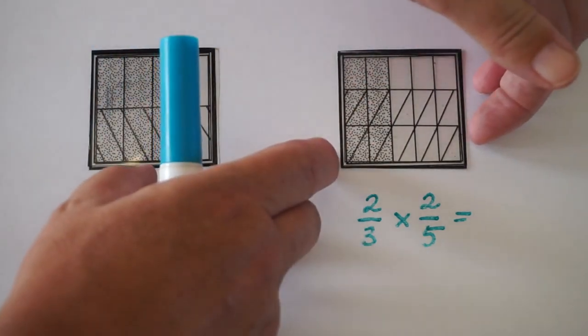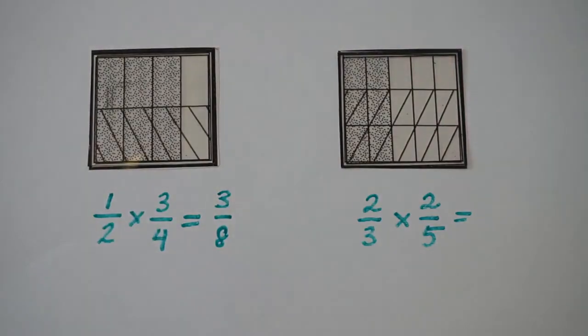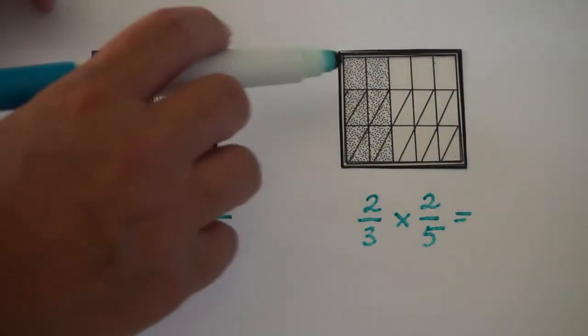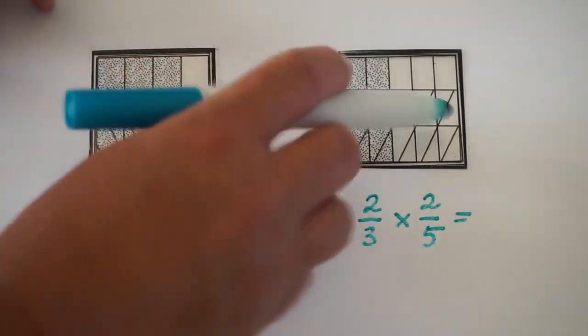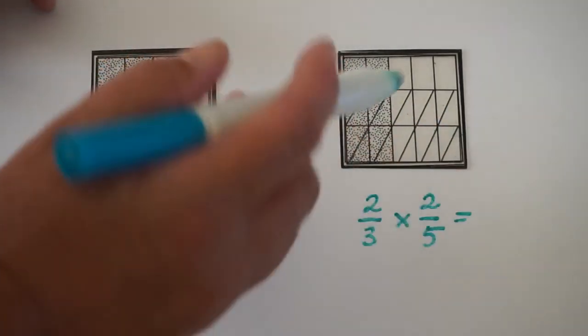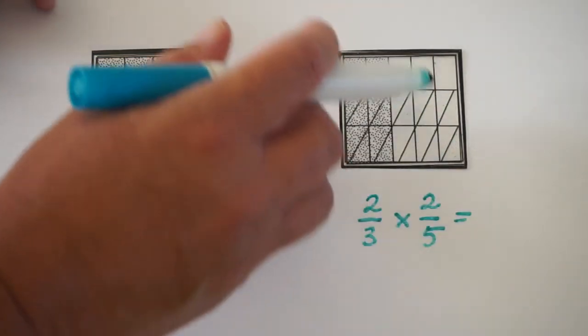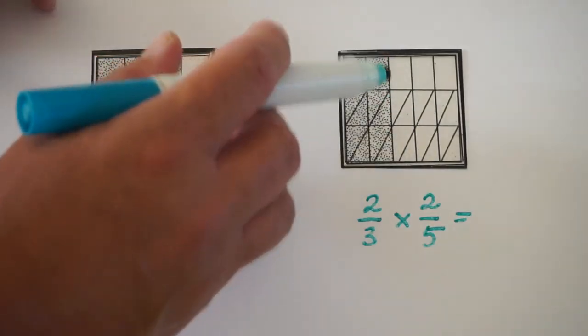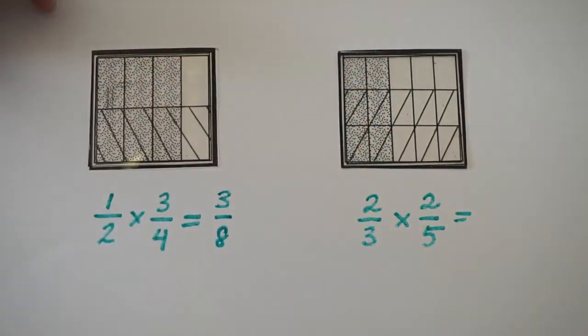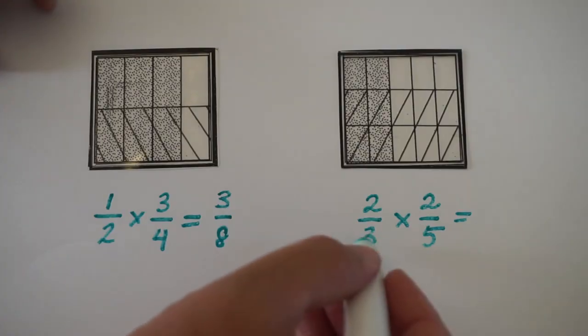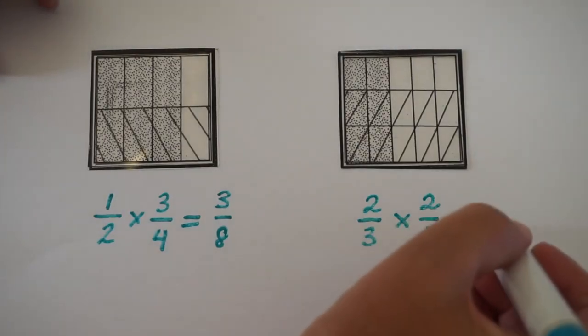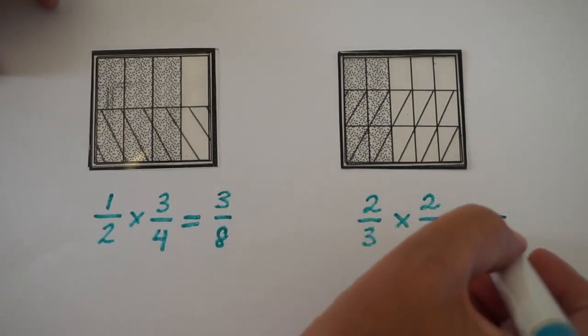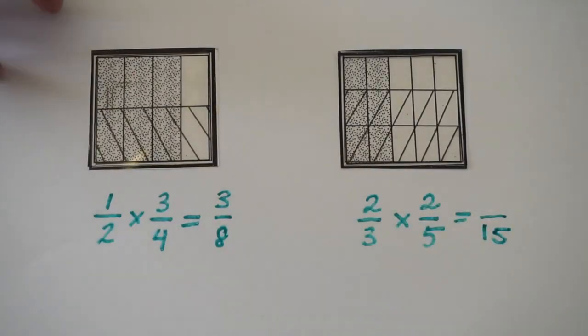Remembering that the denominator comes from how many equal pieces the unit was cut up into, well, the unit was cut into 3 pieces this way and 5 pieces this way for a total of 1, 2, 3, 4, 5, 6, 7, 8, 9, 10, 11, 12, 13, 14, 15. So we get 3 times 5 is equal to 15 in the denominator.